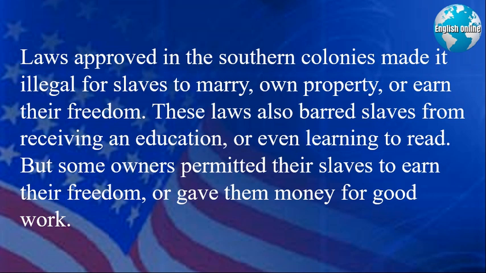Laws approved in the southern colonies made it illegal for slaves to marry, own property, or earn their freedom. These laws also barred slaves from receiving an education or even learning to read. But some owners permitted their slaves to earn their freedom or gave them money for good work.